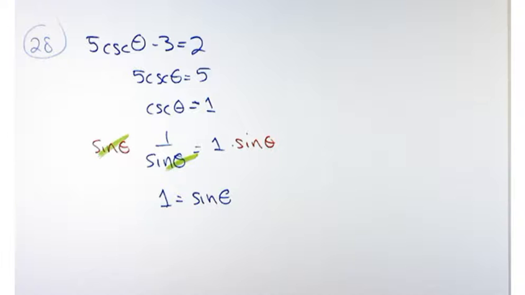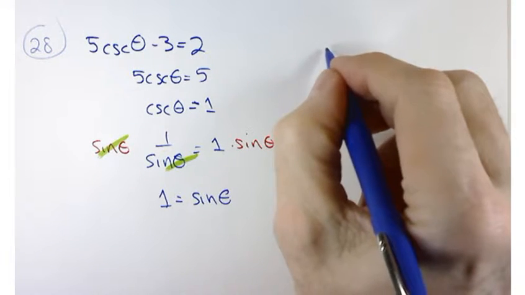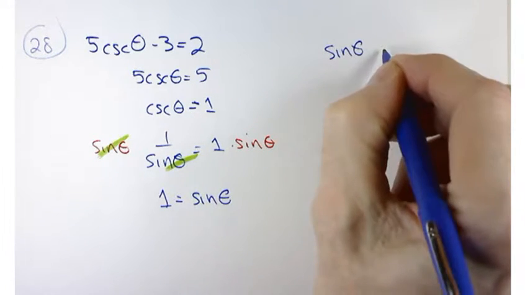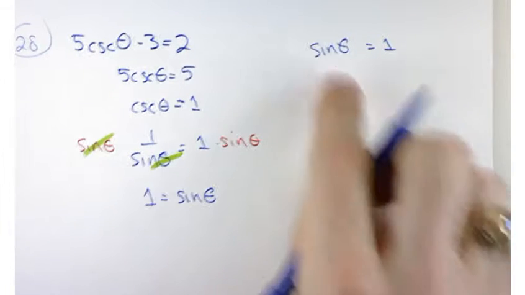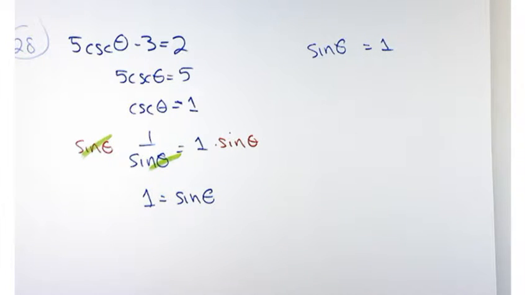So that's not bad. That gives us something that we can kind of dig our teeth into a little bit. Let me rewrite that up here. Sine of theta equals 1. But I need to know what theta is. What can theta equal?